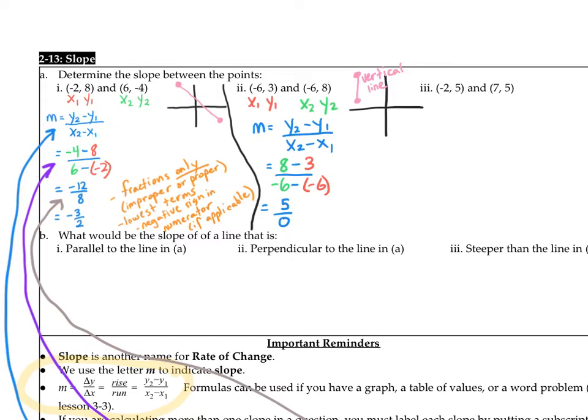So in that case, there really is no slope because there is no run. So a vertical line has no slope to it, just like you'd never find a ski slope that looks like that. So we say that this is undefined.